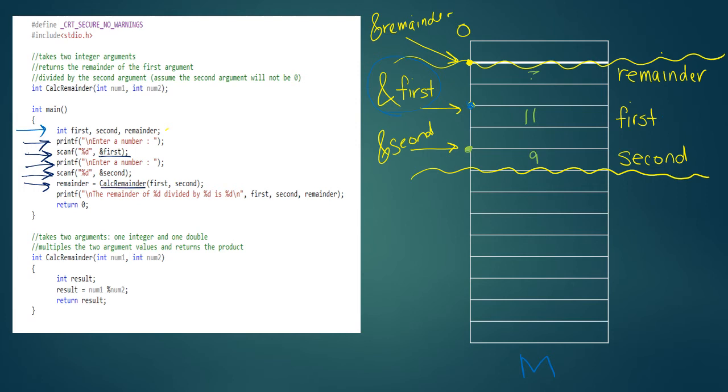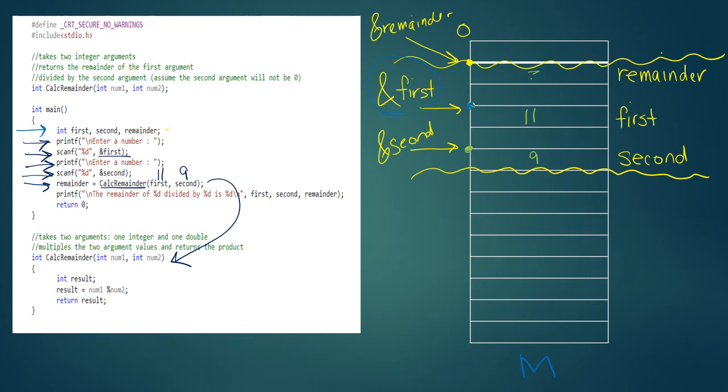So what's going to happen now is our program is going to jump out of the main function and jump down here to the function call. So the first thing that's going to happen is the calc remainder function is going to get called. And then we have two arguments here. Our first argument is a variable called first, which has the value of 11. And the second argument is a variable called second, which has the value of 9.